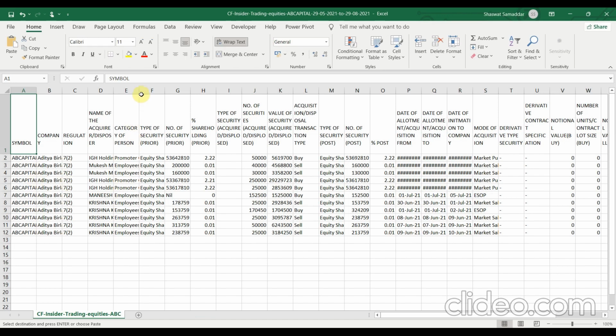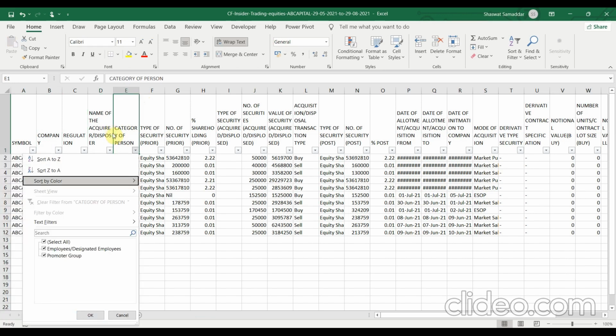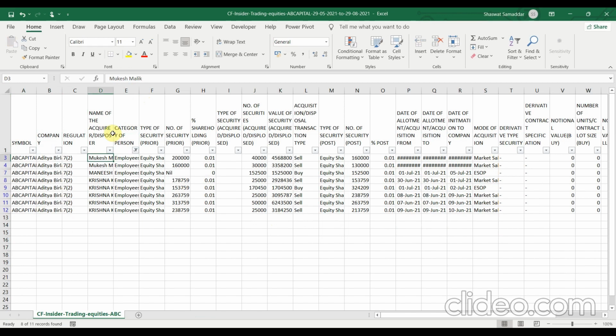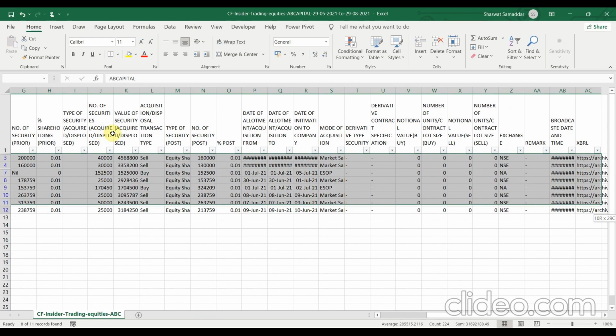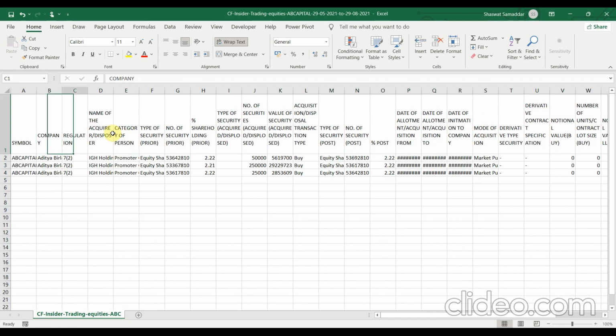Okay, let's just apply the filter. That would be just quick. Okay, sorry. All the mode of acquisition looks like to be market purchase only.